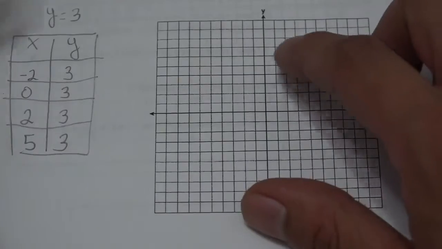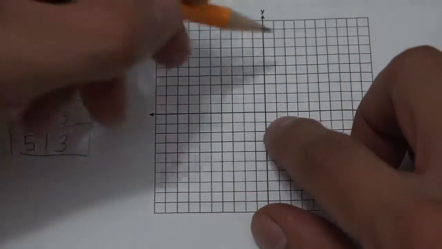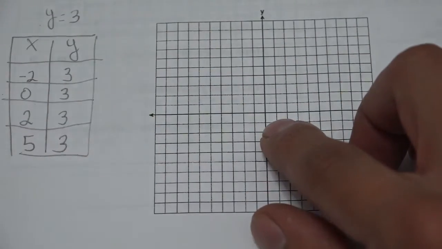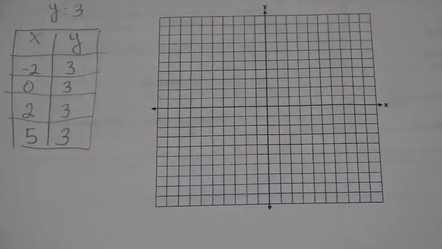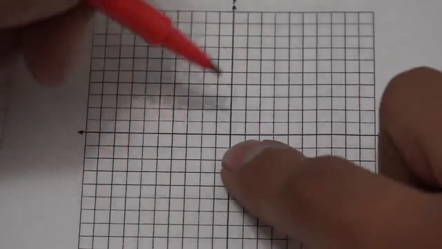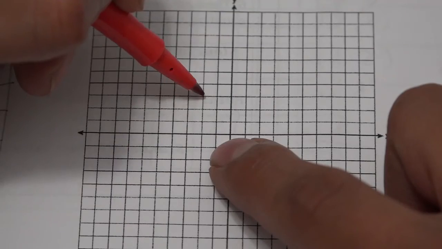Let's see. -2, 3. You have your order pairs because you wrote them down. Now I'm just gonna zoom in so you can better see this. So -2, 1, 2, 3, right here.